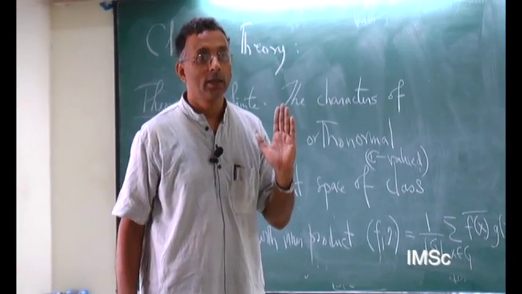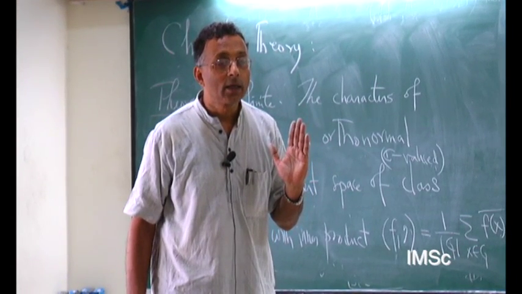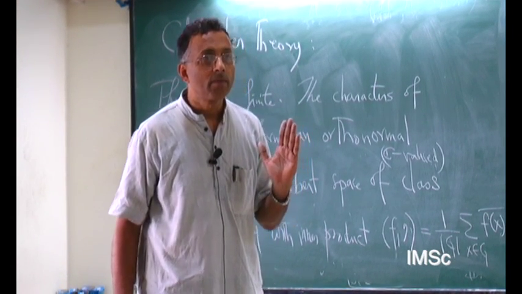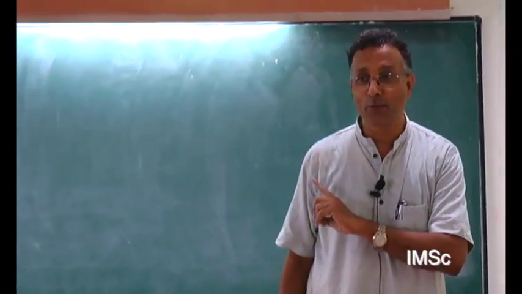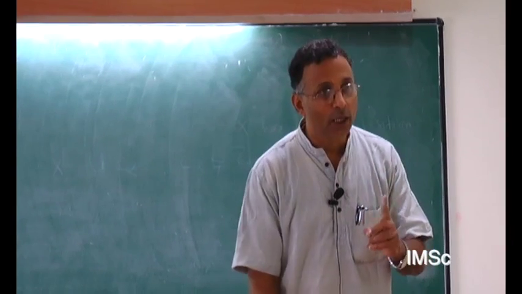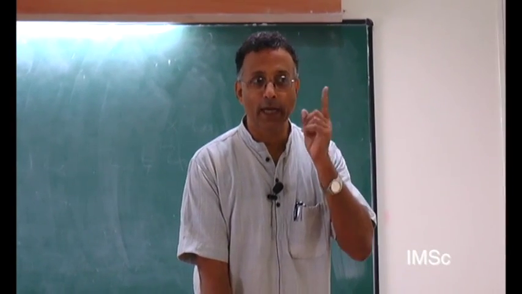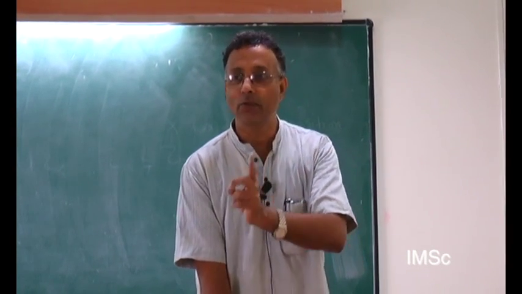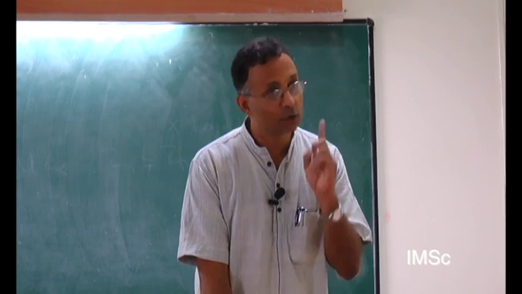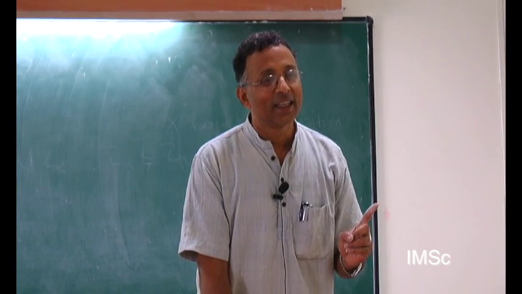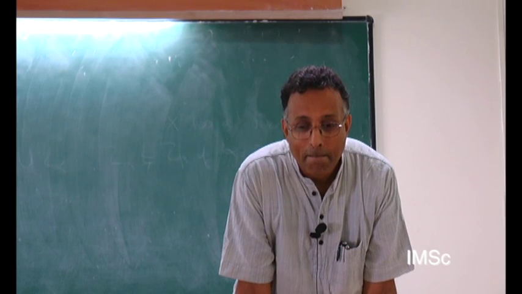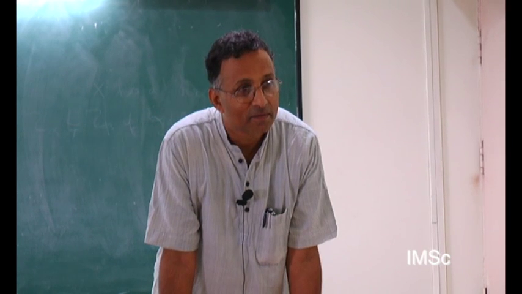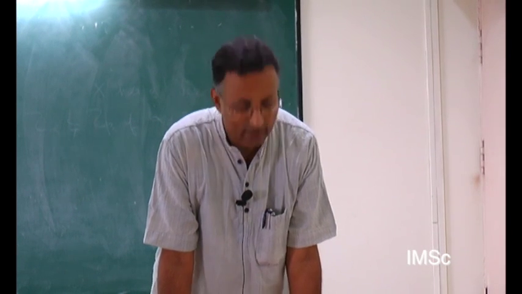That's all I'm saying. How do you get the representation from the indicator function of the classes? You will see that. That is part of the proof. It will tell you how to compute the indicator function. You should be able to write the indicator function as a linear combination of irreducible characters. That's what it means. Yes, so we find that number to multiply to the indicator of that class.